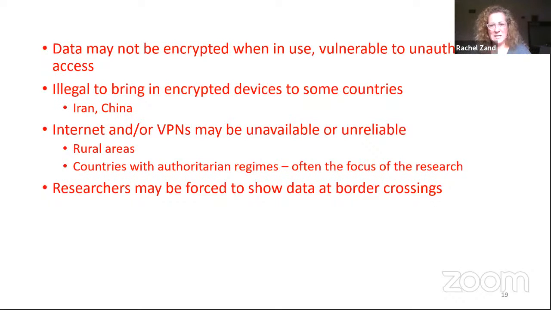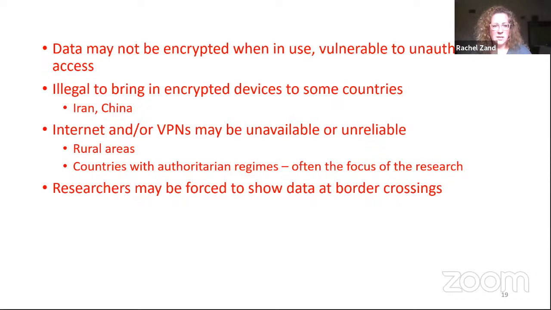So, difficulties that we have with these kinds of recommendations. Data may not be encrypted when in use, so they're vulnerable to unauthorized access during those times. It is illegal, as far as I'm aware, to bring encrypted devices to some countries, like Iran and China, so that negates the whole point of having encrypted devices in countries where we're concerned about collection of sensitive data.